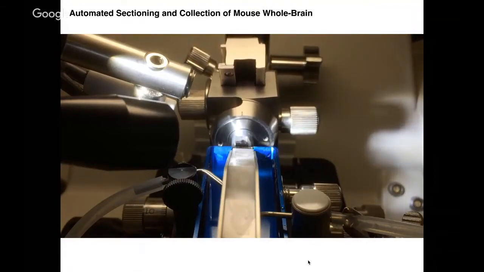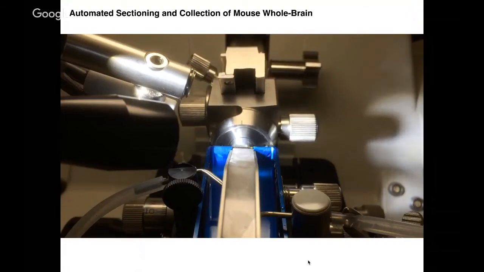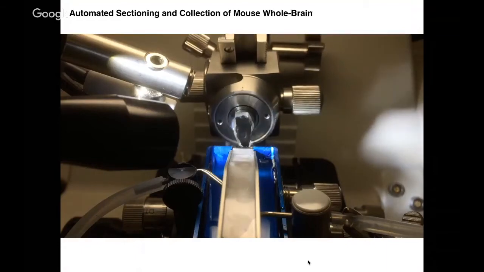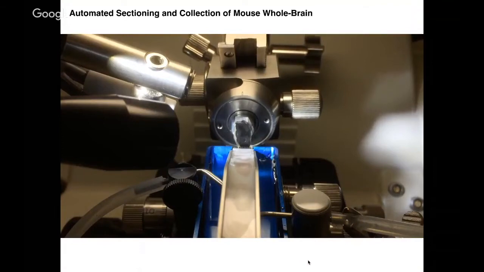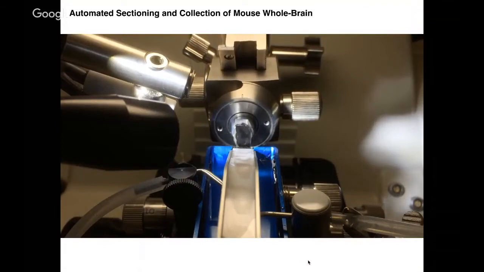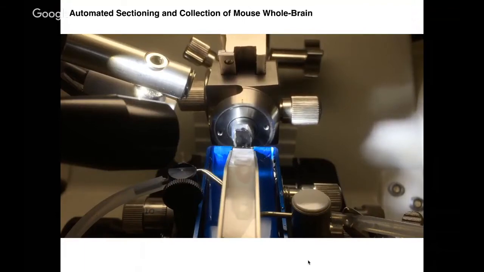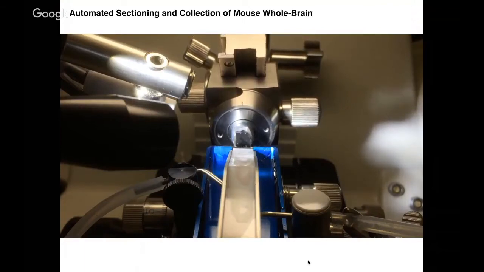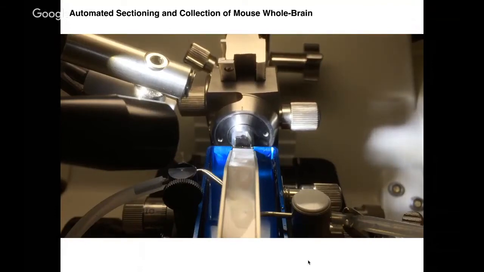And you can see that the cutting is also much slower here. You can also see the sections on the conveyor belt of the Atumtome. They have a slightly purplish color. And you can see that they're full sagittal mouse brain sections that are being cut, in this case, at 80 nanometer thickness. So this was the first time that ultra-thin sections had been cut through a full mouse brain.